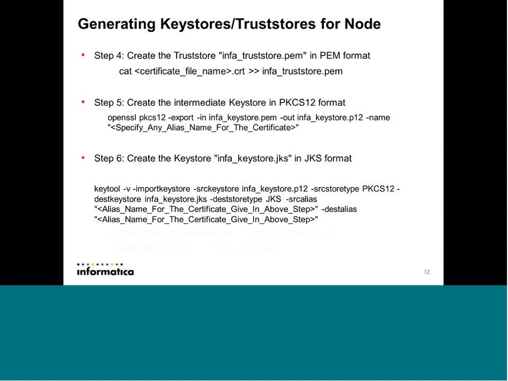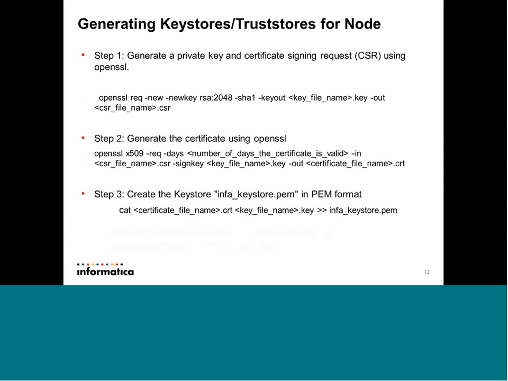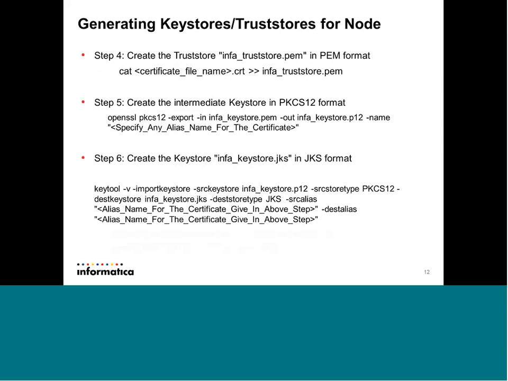It will only have the certificate. But in step 3, I'm concatenating the certificate along with the key into the key store. So this is the difference: the key store will have the private key as well, but the trust store will not, it will only have the certificate.